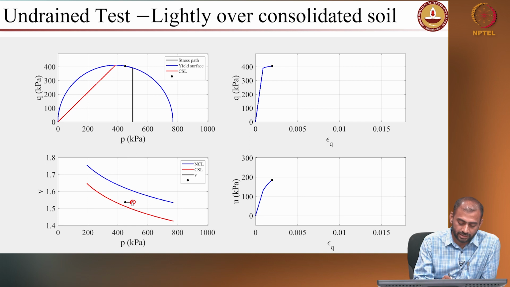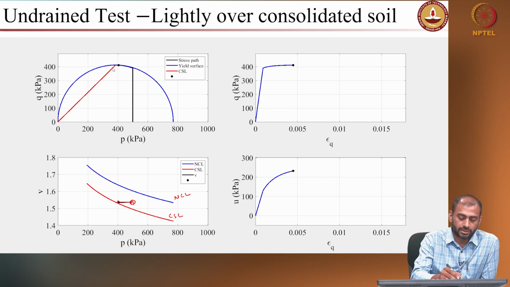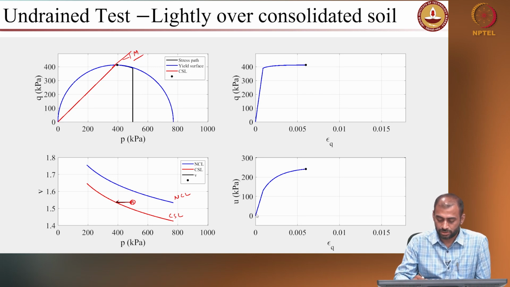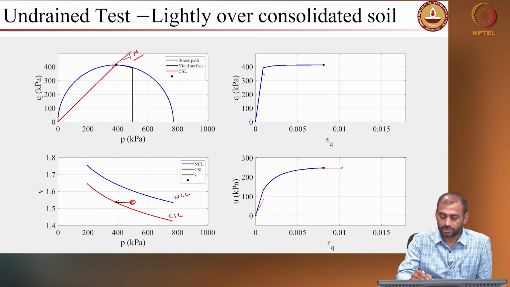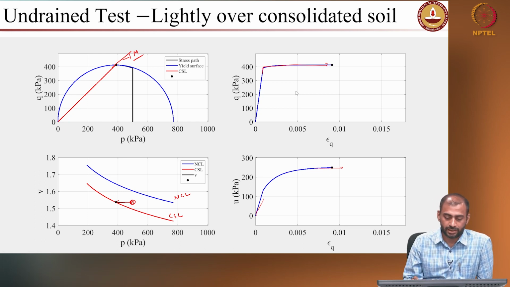But after it reaches the yield surface, since it is an undrained condition, it travels horizontally and reaches the critical state line, right. So, here also you can see it is not dilating much. The pore pressure drastically increases and then slowly starts reaching a constant value, right. So, this is for a lightly over consolidated soil under undrained condition.